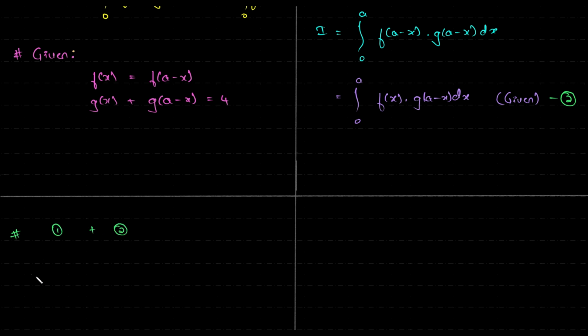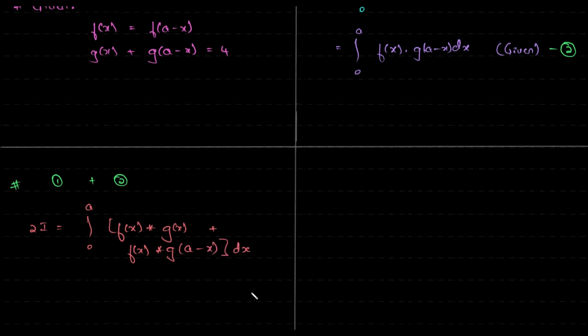We have I plus I, this is 2I, is equal to the integration from 0 to a of f of x into g of x plus f of x into, let me write in the next line, f of x into g of a minus x dx, right?